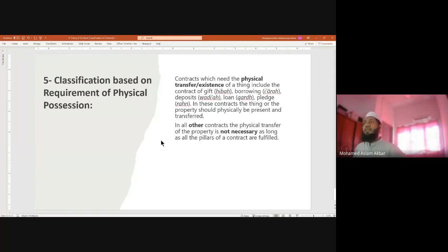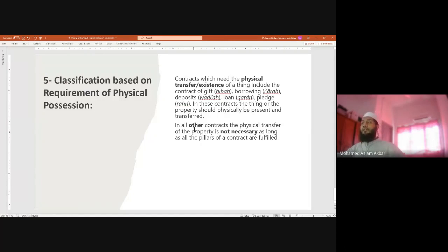Physical existence of a thing includes the contract of gift hiba, borrowing i'ara, deposit wadi'a, loan qarad, pledge rahan. In these contracts, the thing or the property should physically be present and transferred, right? So you can see that in these contracts, the subject matter must be physically available and it has to be physically possessed.